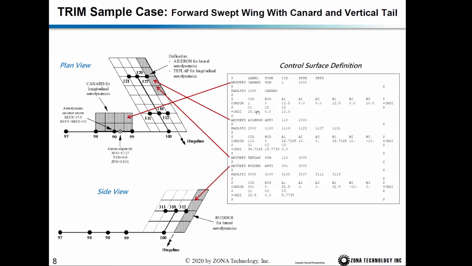If this is negative one, then the z-axis of this card would be the hinge line location. It also refers to a PANLST3 card called canard. If this canard is defined by the CAERO7 card, and the label entry in the CAERO7 is called canard, then PANLST3 will grab all the panels here and define them as the panels for this control surface.